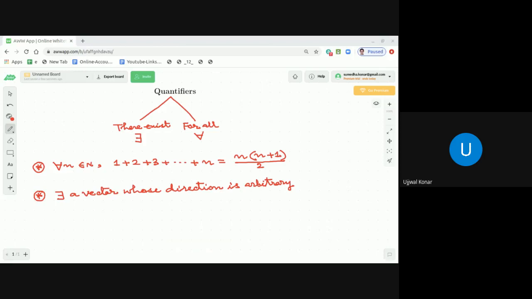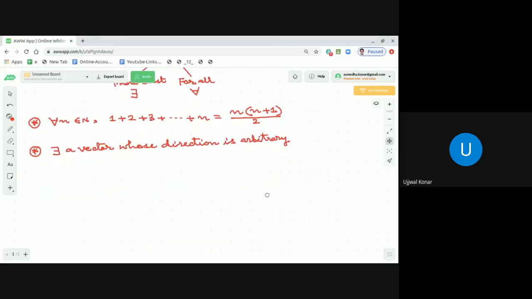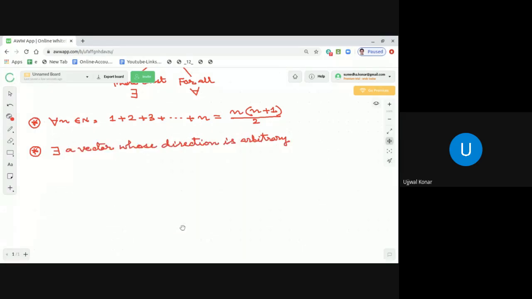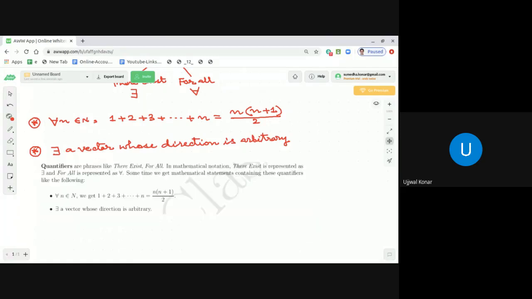So as I have explained what is meant by quantifiers, now let me tell you the fundamental definition and these two examples, whatever I just said, by taking it from our study material. As you see, I placed in front of you that portion of the study material: quantifiers are phrases like there exist, for all.